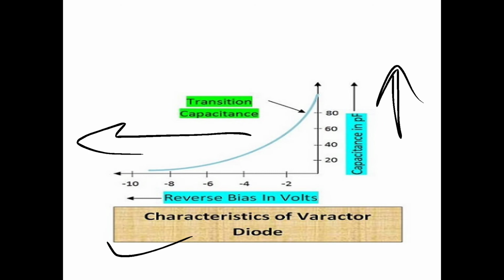So as the reverse bias voltage is increasing, the transition capacitance of the varactor diode is going to decrease, and the decay will be exponential decay. You can see this is the figure. So as the reverse bias will increase, the transition capacitance is going to decrease.